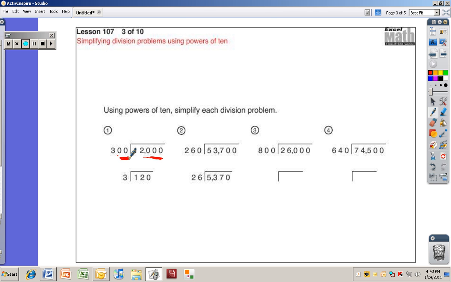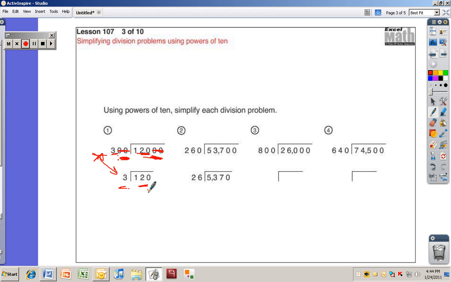I can divide 300 by 100. Can I divide this one by 100? Yes. So basically what I'm doing is I'm getting rid of 2 zeros on each number, right? So I have 120 into 3, and there it is right there. These two problems are exactly the same. 300 into 12,000 is the same as 3 into 120.